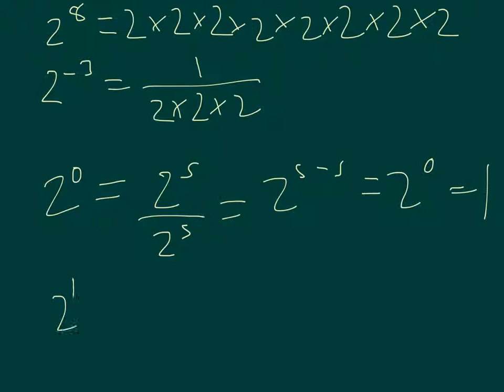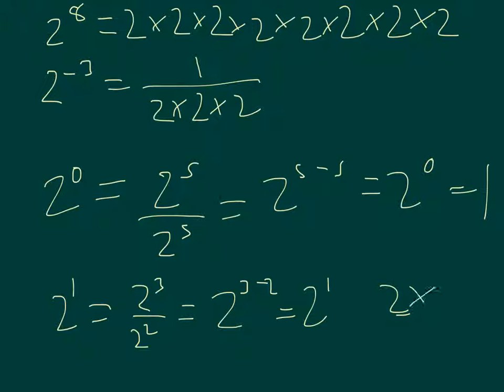And 2 to the power 1 must equal 2 to the power 3 divided by 2 squared. Nothing special about 2 and 3 other than when you do this subtraction you get 2 to the power 1. Well, 2 cubed is 2 times 2 times 2, and 2 squared is 2 times 2. That cancels with that, that cancels with that, and we're just left with 2. So 2 to the power 1 must be 2. In other words, a power 1 just means one of them, like that.